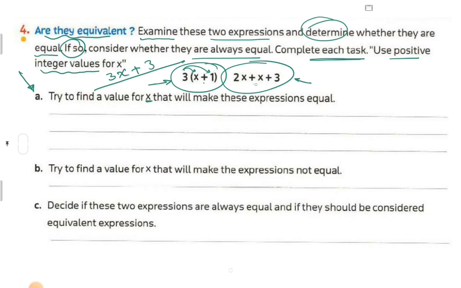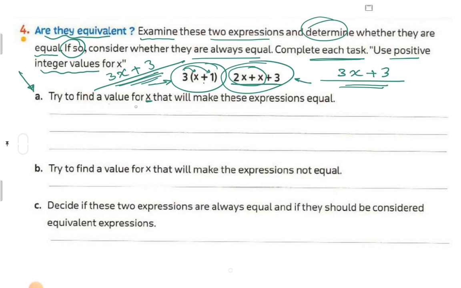Here, 2x plus x equals what? 2x plus x gives me 3x, plus 3. That's easy. We got the same expression, so they are equal to each other.